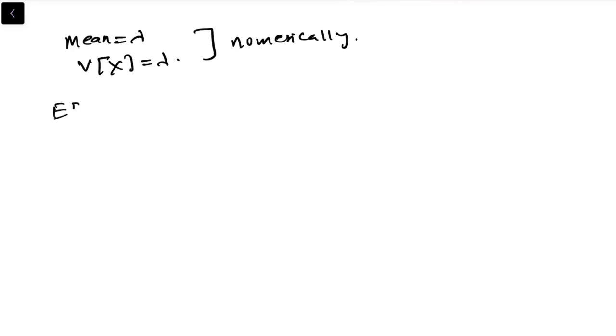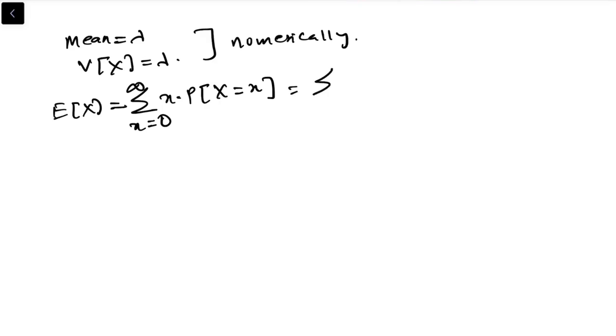So the expectation of x, we'll use the basic idea of expectation, that is summation x times probability, where x ranges from 0 to infinity, summation x times e to the power minus lambda times lambda to the power x by x factorial. Now let's expand this term.